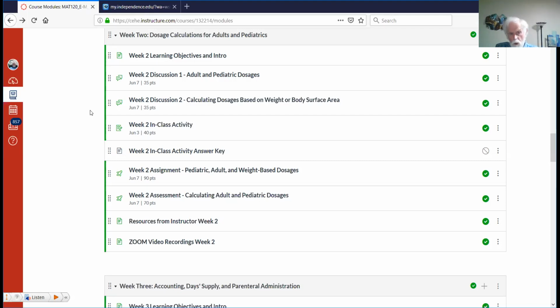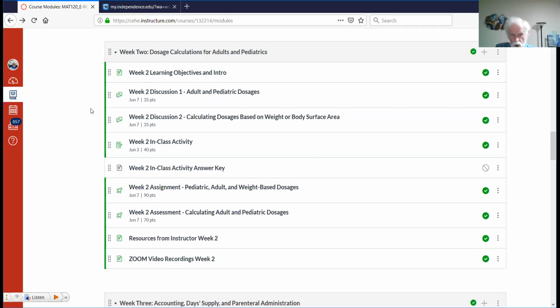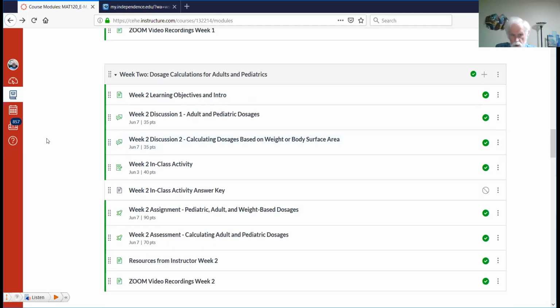So we want to be sure that we pick the method that's going to be accurate. We saw, looking at both Clark's and Young's, that at least sometimes we're going to get exactly the same dose. That isn't always the case, but the difference is not going to be tremendous.